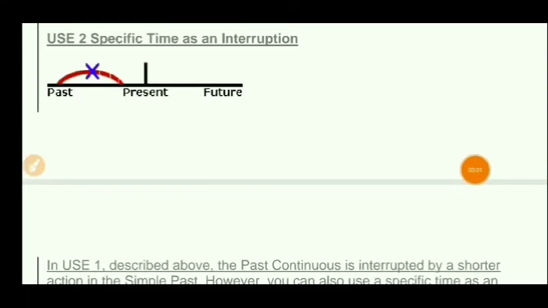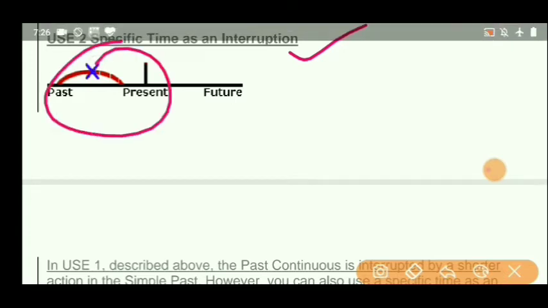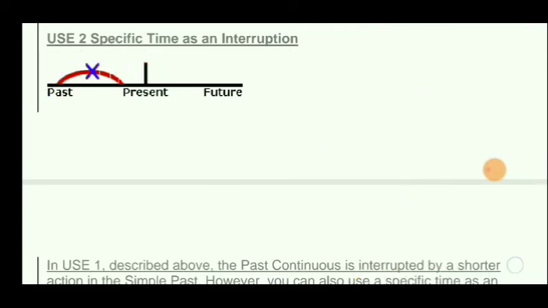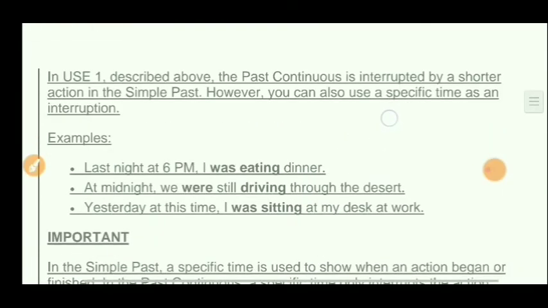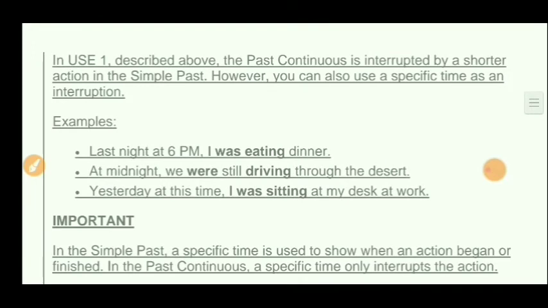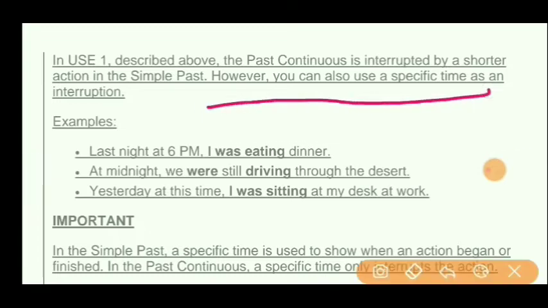Now see use 2, specific time as an interruption. See here the same graph, the action was interrupted in the past. In use 1 described above, the past continuous is interrupted by a shorter action in the simple past, however you can also use a specific time as an interruption.